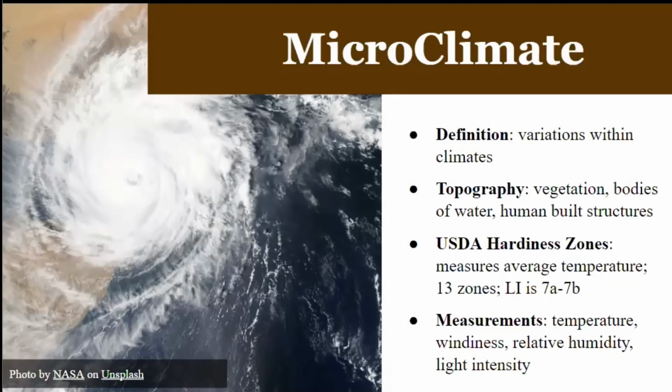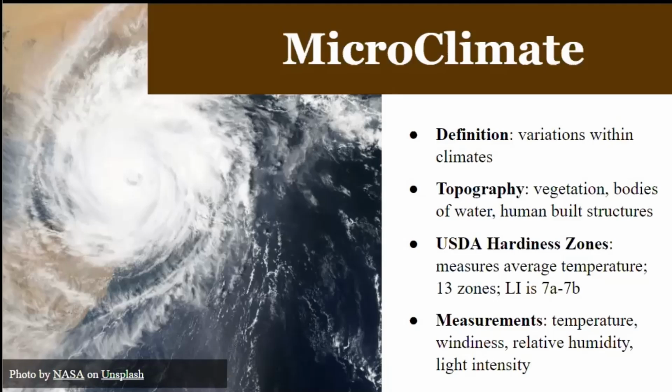And if we're thinking about temperature, there are the USDA hardiness zones, which is a tool that I will show you after these slides, where we're measuring the average temperature of an area. There are lots of plants that might be well suited for an area that is 6B, for example, and that's an average set of temperature ranges, which again, you can look up.